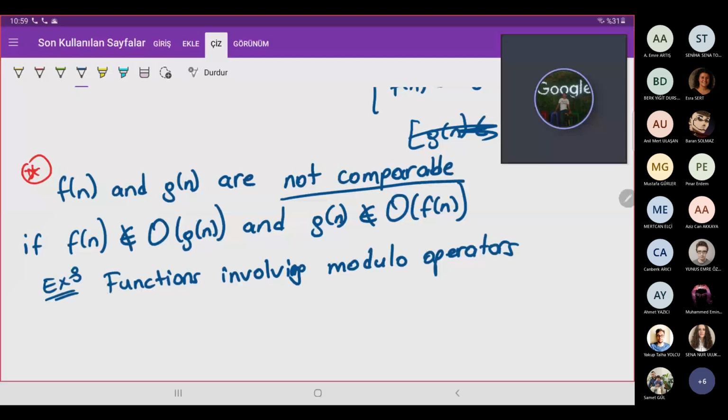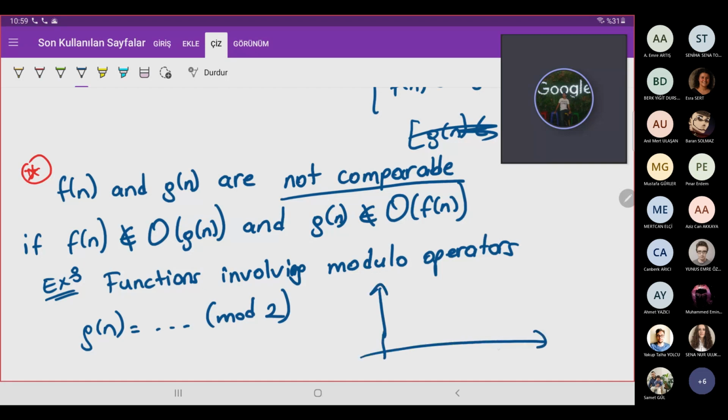So Gn is saying something mod 2. If we would have a function like this, it could be here, there, and then decrease again. There is not any typical behavior of the function, so we can't really say that as n goes to infinity, this is the case.